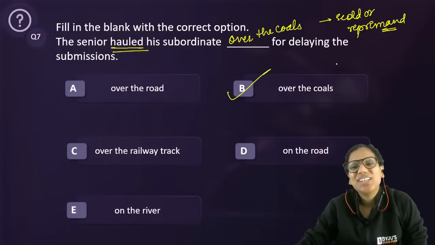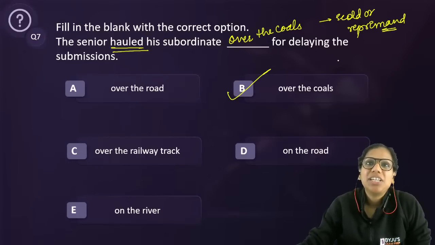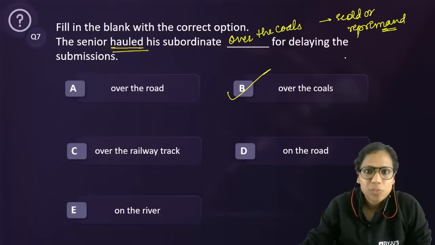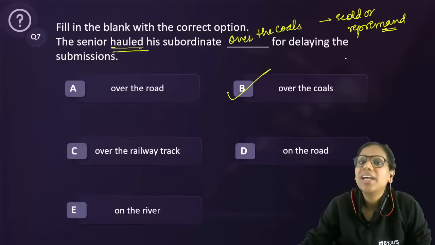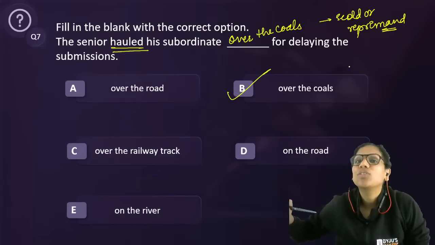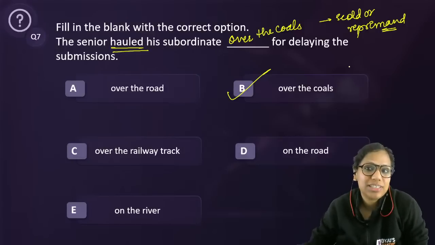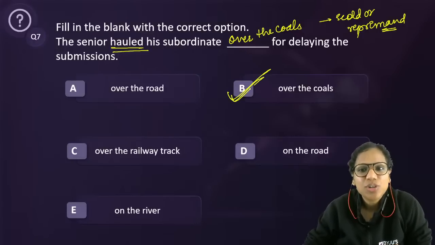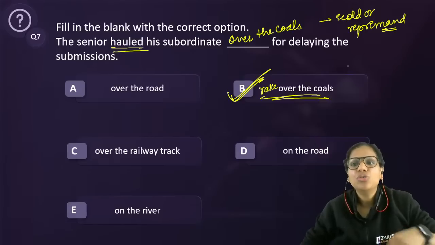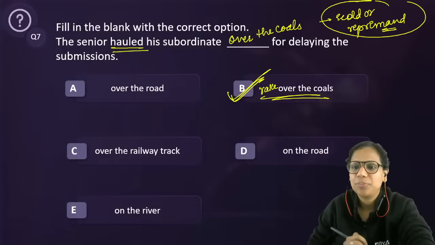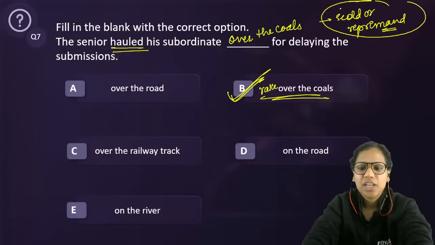In the Middle Ages, when Christianity was spreading in the world, if you did not abide by Christianity, you were termed a heretic, and then you were literally dragged over red hot coals. So it comes from there. So to haul or rake someone over the coals means to scold or reprimand them. All right, I hope you'll remember this.